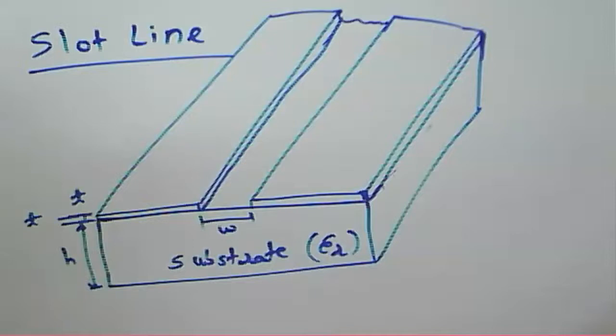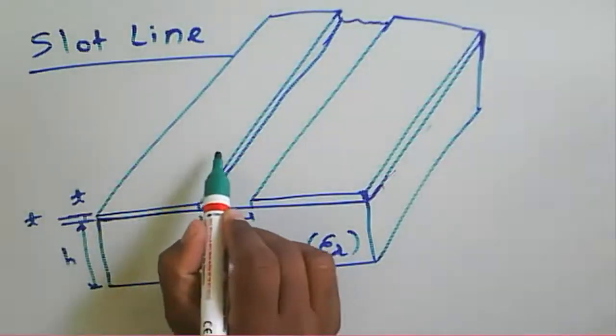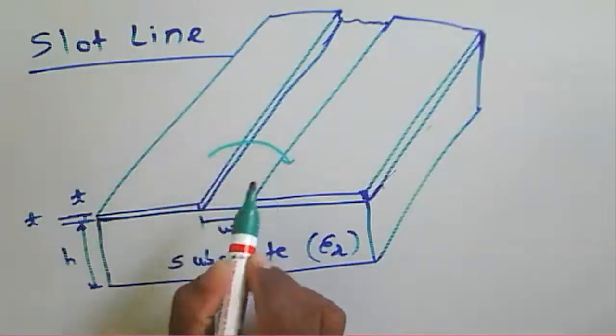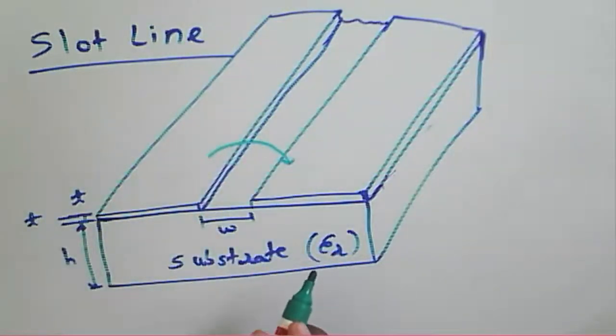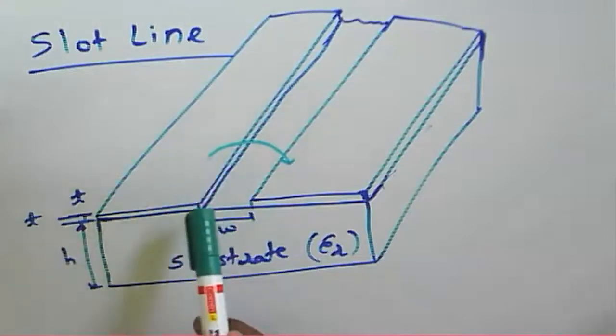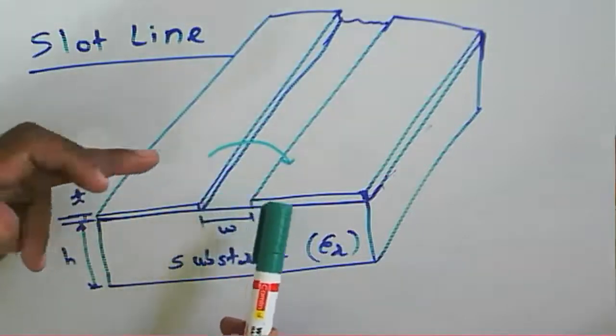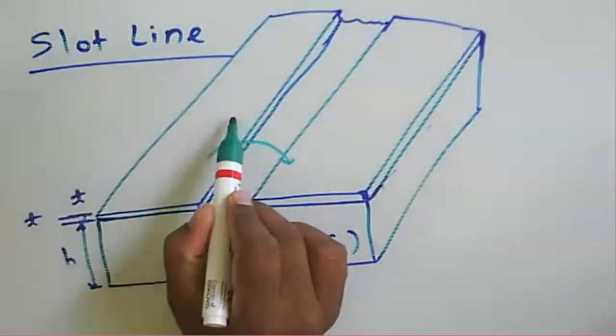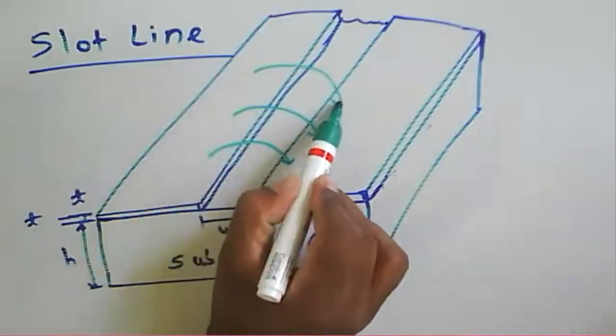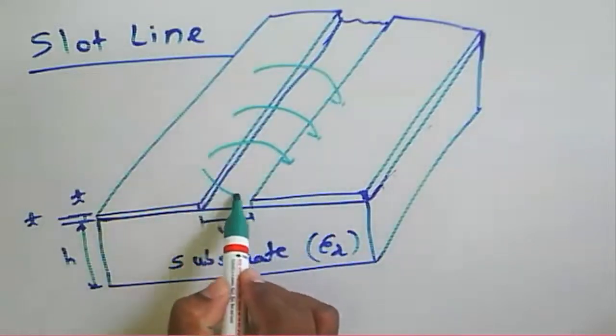In that case, if you see the electric field lines across this, your electric field will be likewise. These are the electric field lines on this plot. But in the case of the magnetic field, there will be a simple distribution, even from the substrate itself.